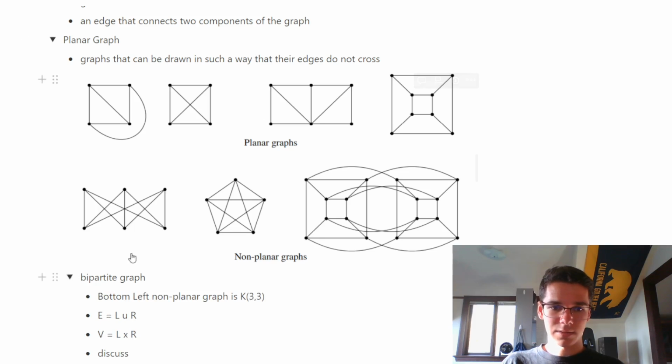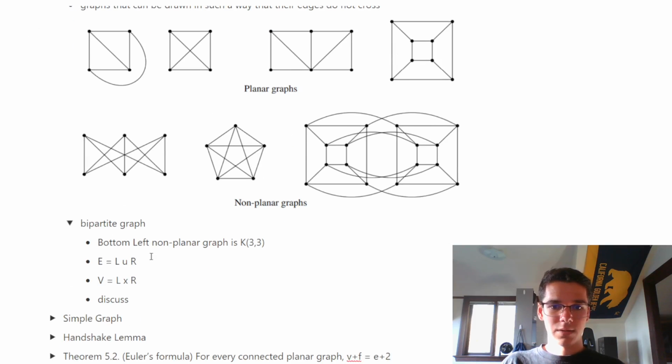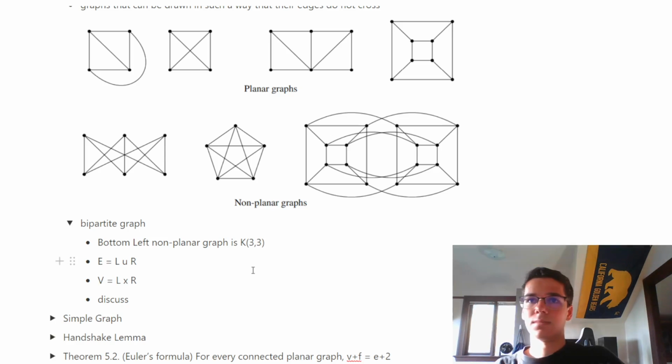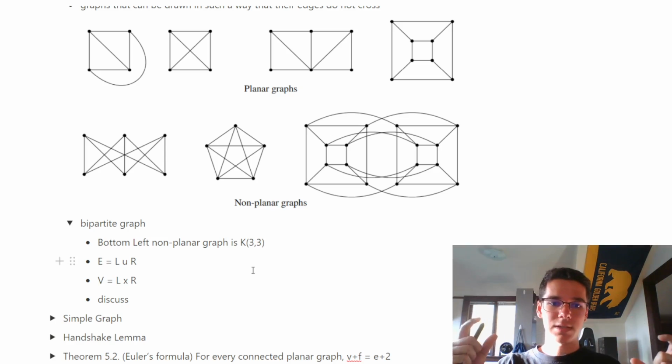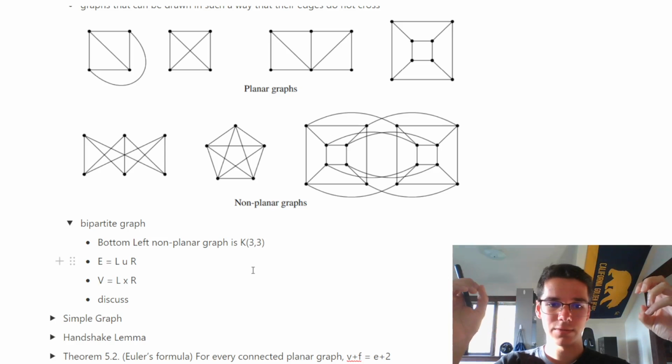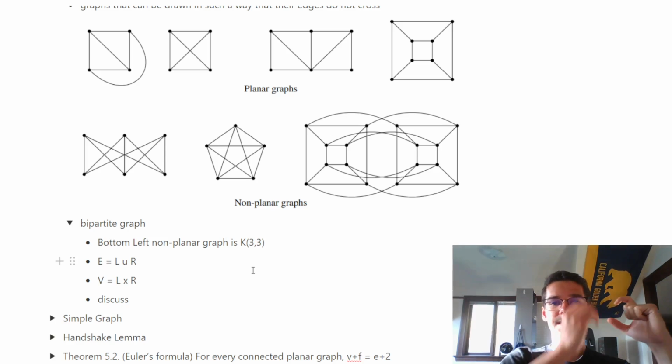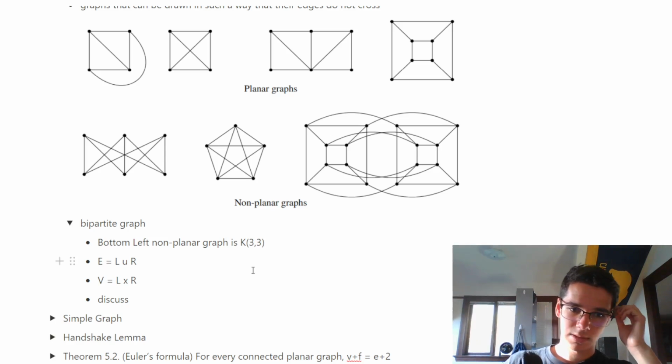And there's this other notion of a bipartite graph, which is represented here, which is a graph in which you can divide the vertices into two groups, and have edges going between vertices in different groups, such that edges do not go between vertices within the same group, if that makes sense.